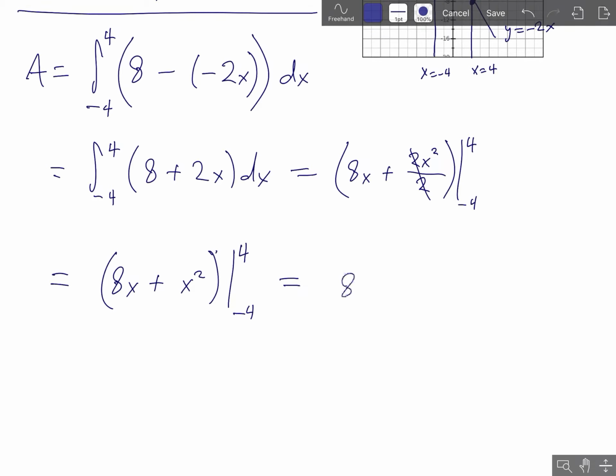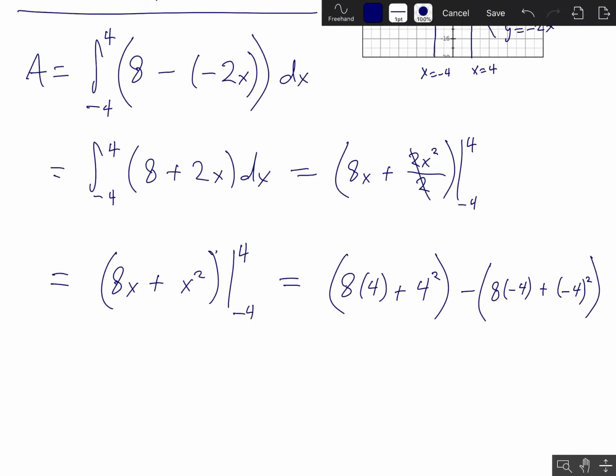So we plug in the upper bound, so that would be 8 times 4 plus 4 squared. And then we subtract the evaluation at the lower bound. So that would be 8 times -4 plus -4 squared, if we just plug in -4 into our antiderivative. So that's how we evaluate.